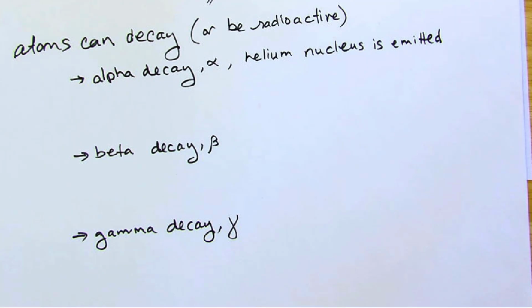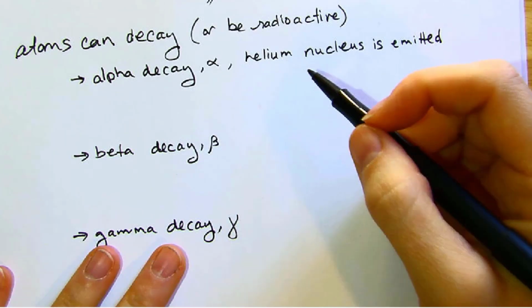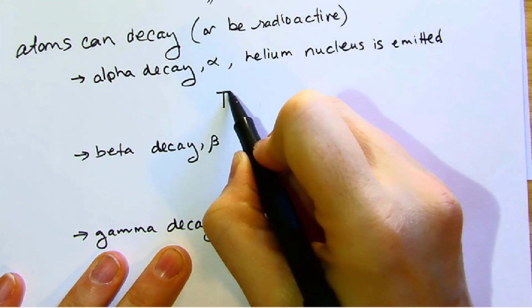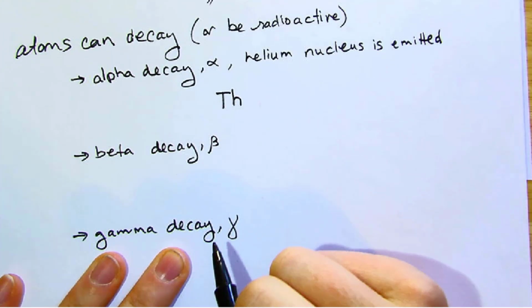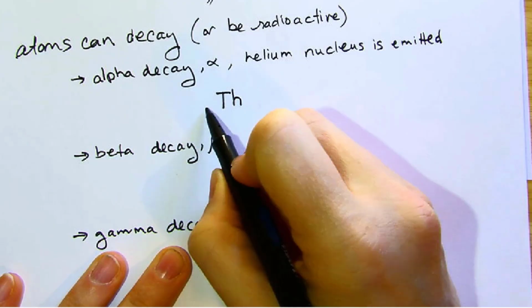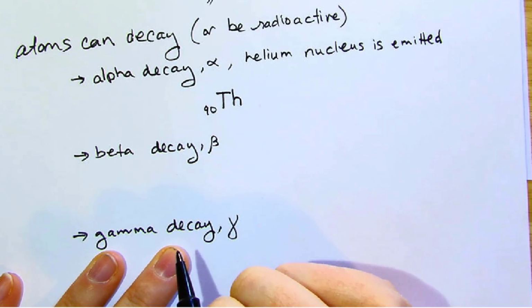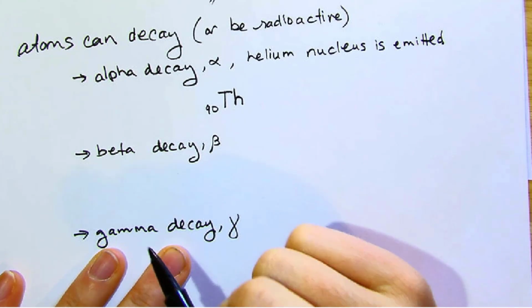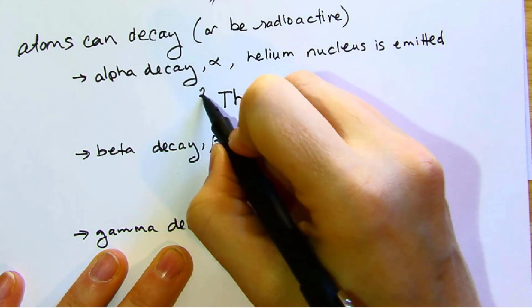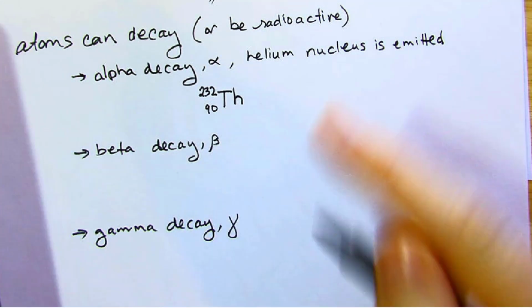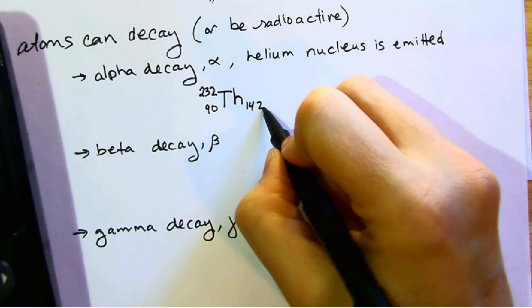Your book gives us an example, but let me talk through it. So, the book gives us an example of starting off with the element of thorium. Now, thorium has 90 protons, and this atom of thorium that we're talking about has 232 mass units, protons and neutrons added together. So it's got 142 neutrons.